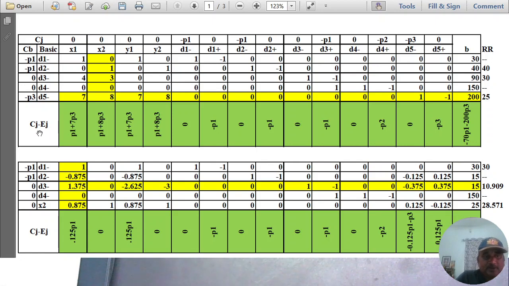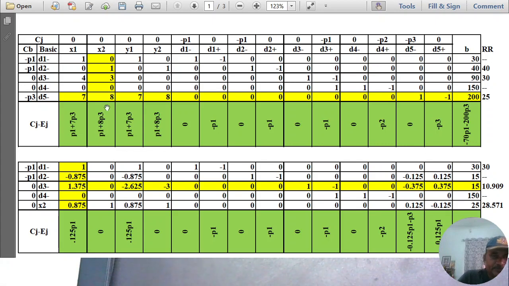Then we have found Cj minus Ej, and lastly the value of Z. The way of finding Cj minus Ej and Z is the same, that's why in one go we have found that out. And now we find that the maximum positive Cj minus Ej is either for x2 or for y2. You can take either of these two as the entering variable.